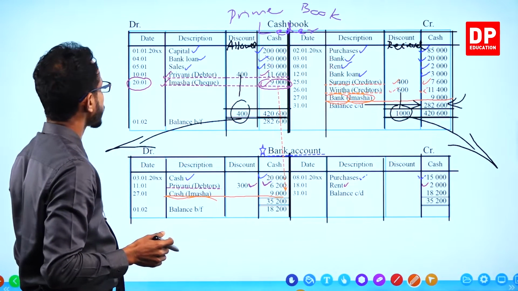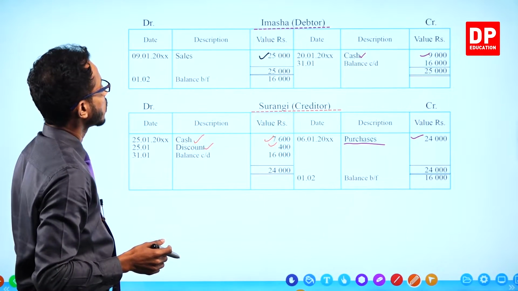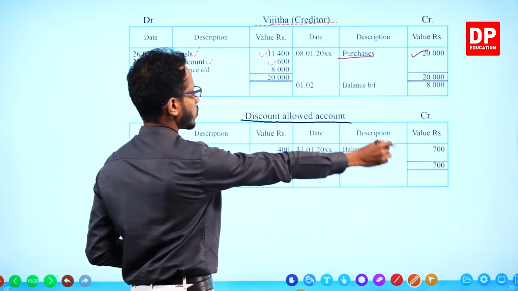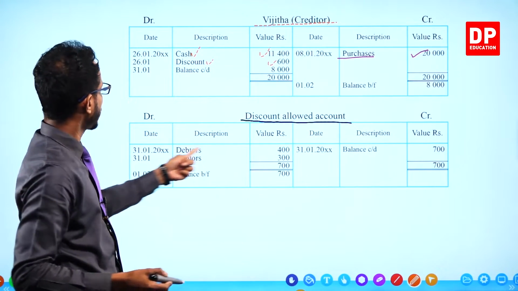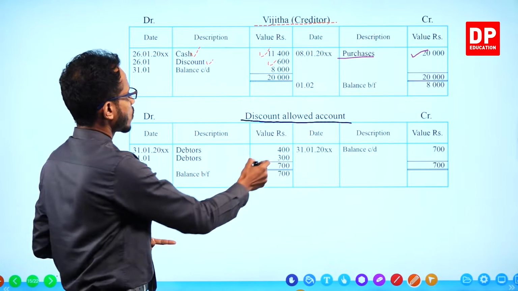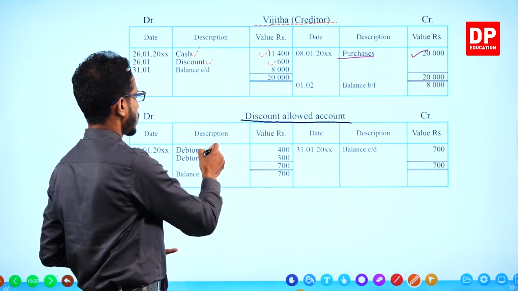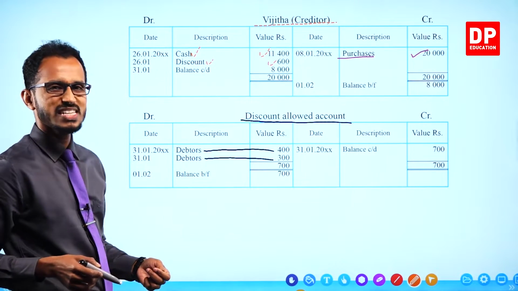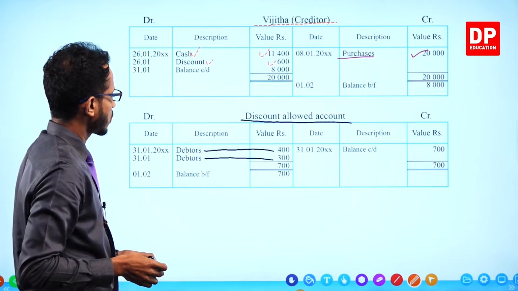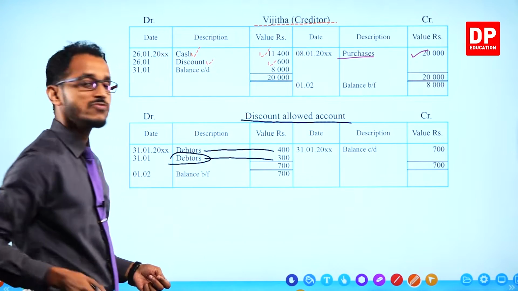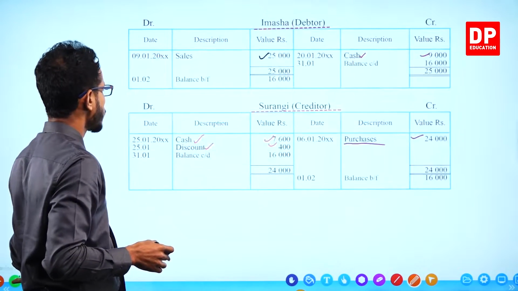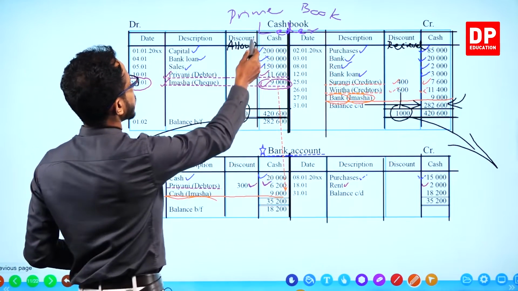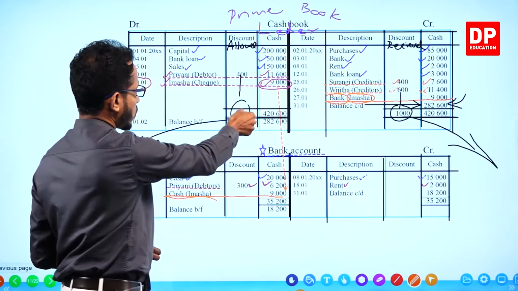Let's go and see. Discount allowed account, here you go. Debit 400 and 300, 700. Where did this 300 come from? We have only 400 in the cash book.